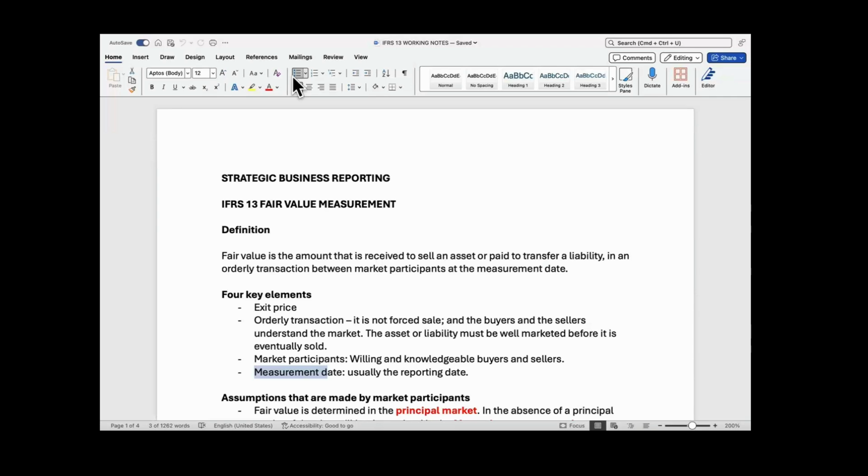Also, you can only determine fair value when the transaction is consummated between market participants who are majorly people that have knowledge about the asset, buyers and sellers that are willing and know a lot about the asset. So you can think about any asset like shares, for example. Now you want to get the fair value of shares. The buyer and the seller have to be people like stockbrokers, institutional investors, financial analysts, people that understand that ecosystem, that stock market.